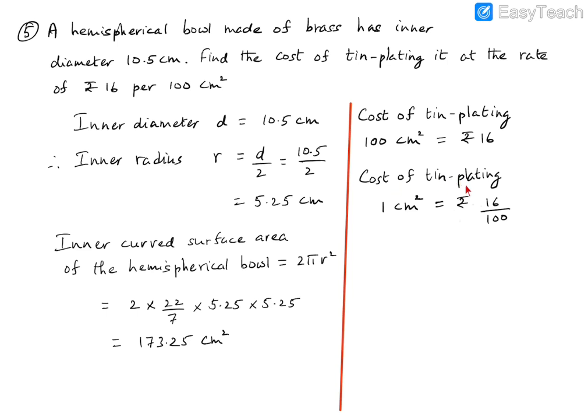So that is the cost of tin plating 100 centimeter square divided by 100. That gives us the cost of tin plating 1 centimeter square. Now that we know this, we need to calculate the cost of tin plating the entire curved surface area, which is 173.25 centimeter square.